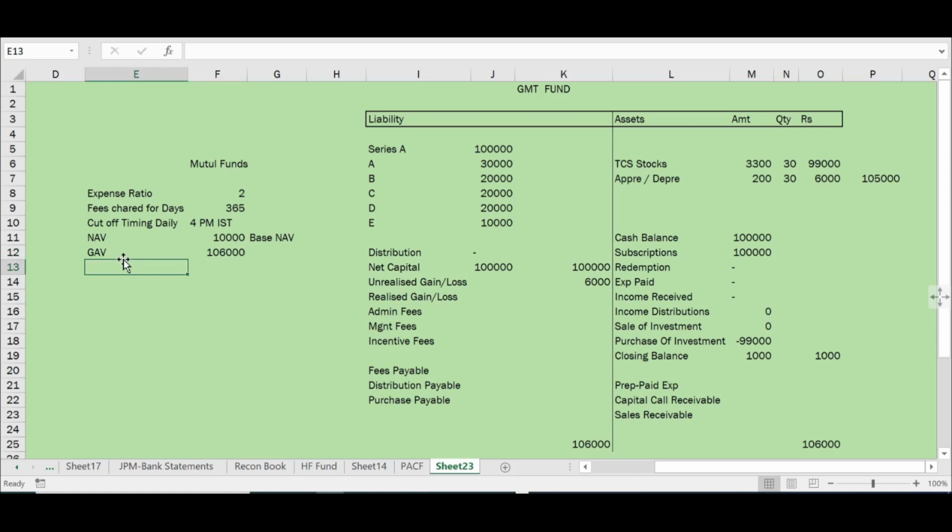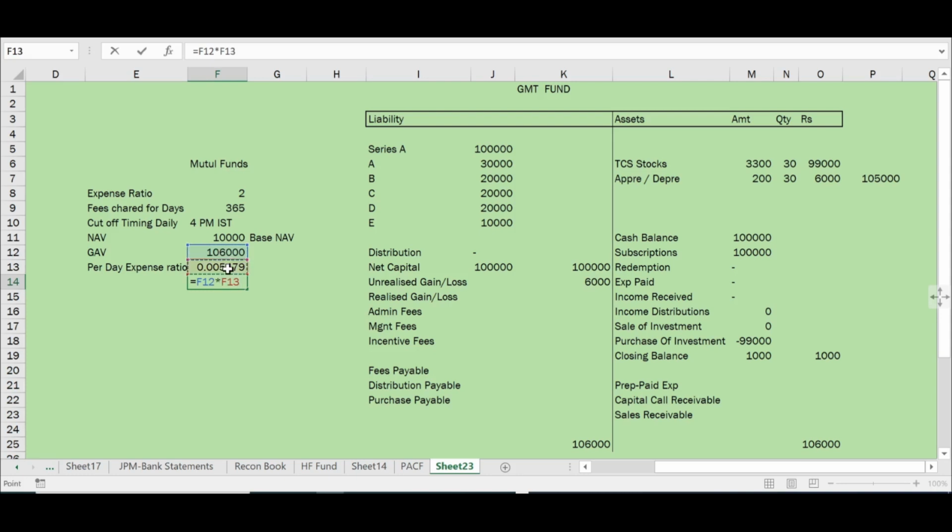But before that, I'll have to calculate the per day expense ratio. The per day expense ratio percentage is 2% divided by 365, which goes to around 0.005479.